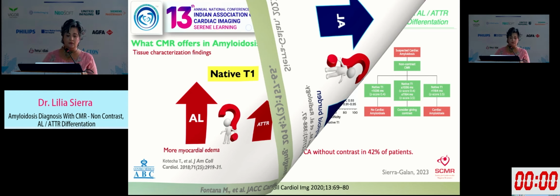In terms of native T1, it's said since 2014 that the native T1 is able to differentiate AL from ATTR, but that is not completely true.